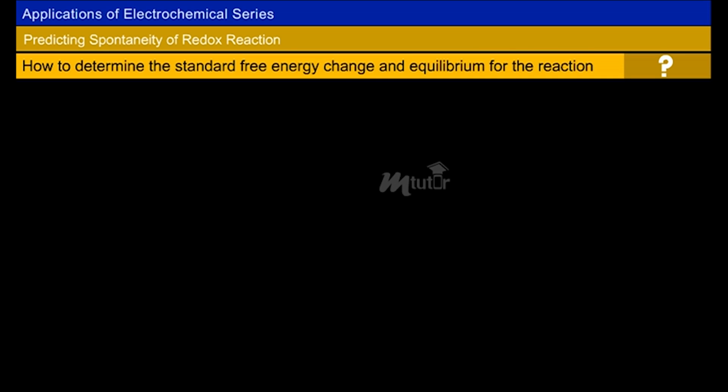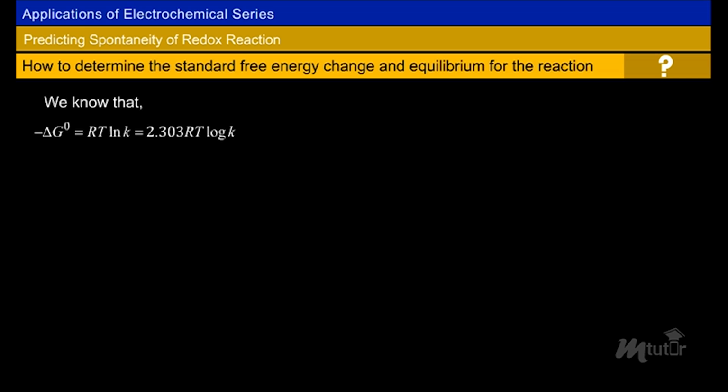Now, how do we determine the standard free energy change and equilibrium for the reaction? We know that minus delta G naught is equal to RT ln K, that is equal to 2.303 RT log K. Log K is equal to minus delta G naught divided by 2.303 RT.